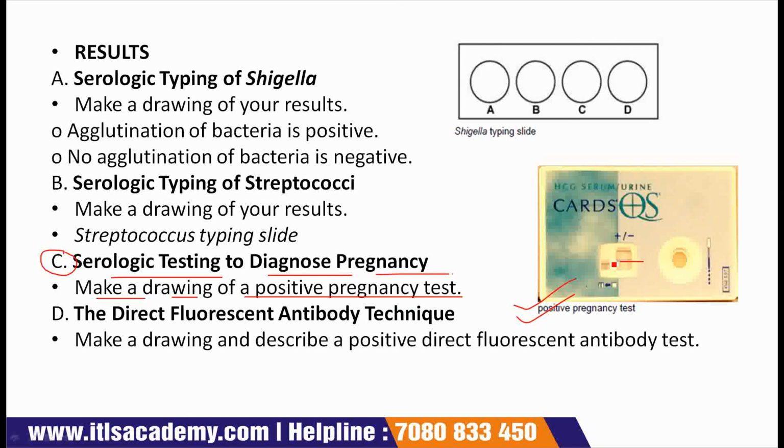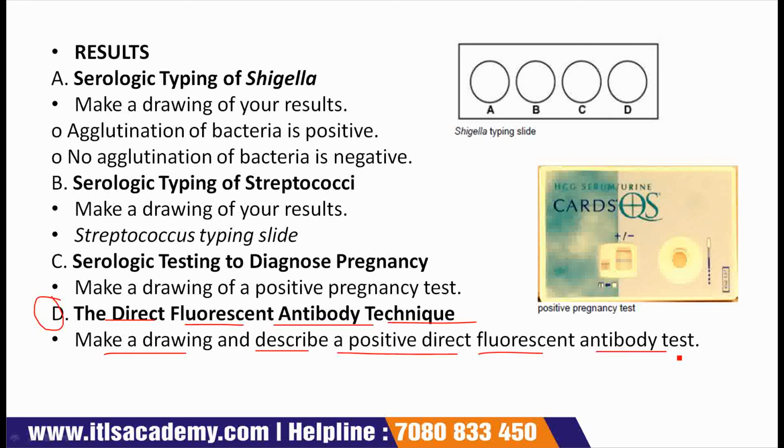This line is indicating positive or negative result. You will detect this test and will draw a drawing of a positive pregnancy test. Fourth one is the direct fluorescent antibody technique. For this, make a drawing and describe a positive direct fluorescent antibody test.